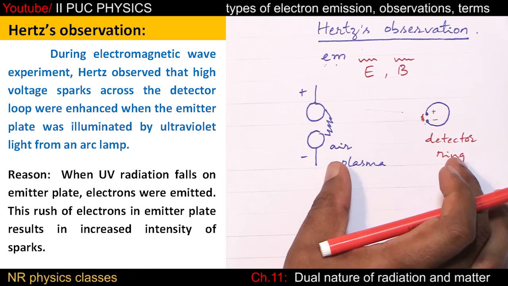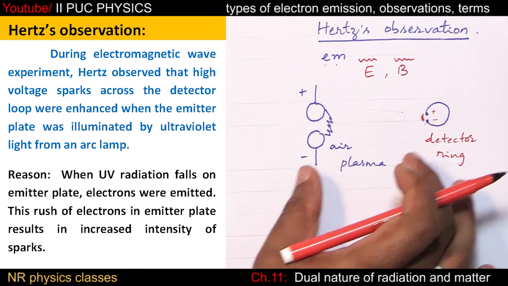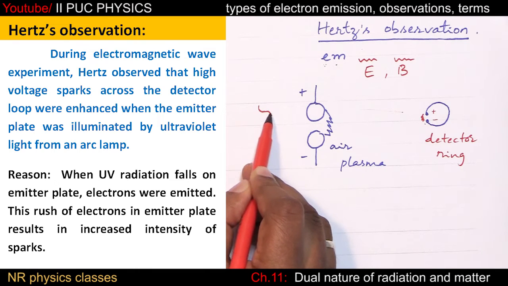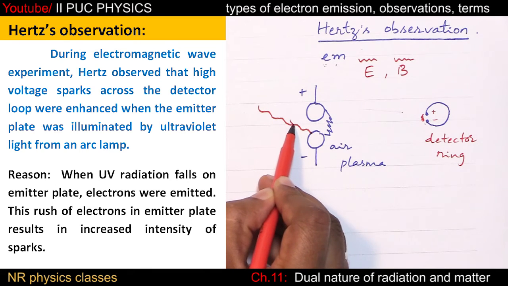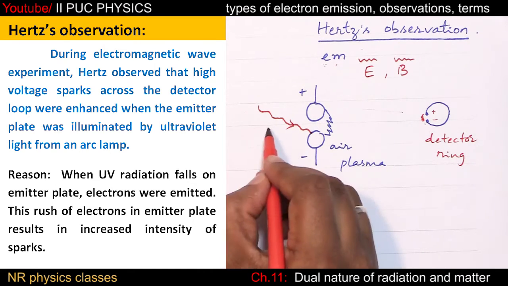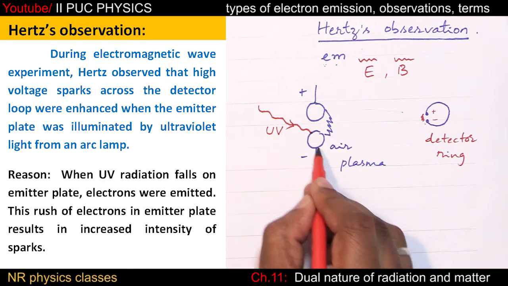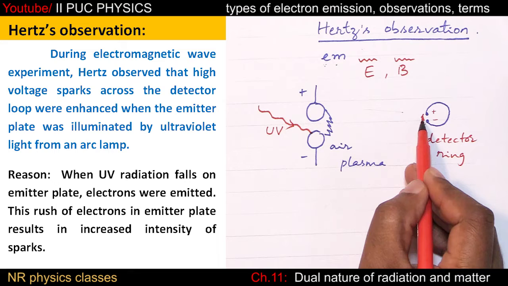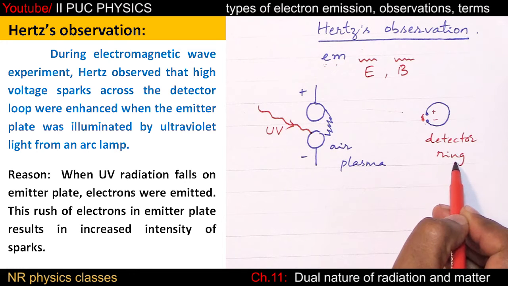After doing this experiment, he did an additional experiment. He made ultraviolet light fall on this arrangement. As soon as ultraviolet light fell on this emitter plate, he could see intense sparks in the detector ring. This was strange, right?